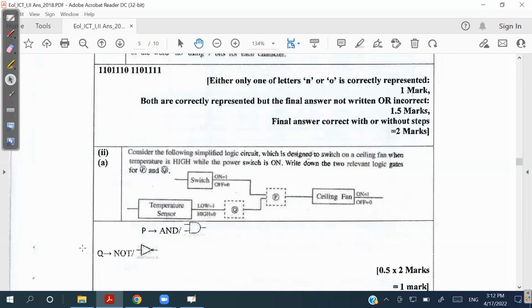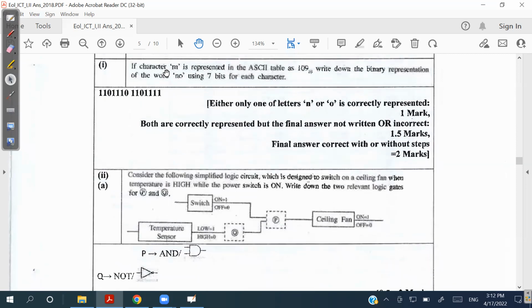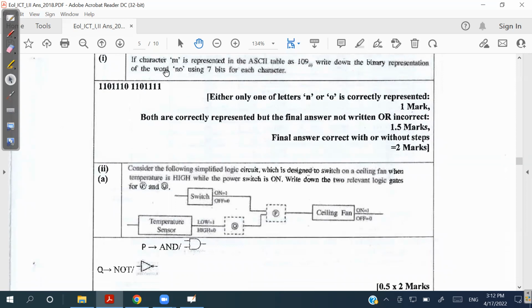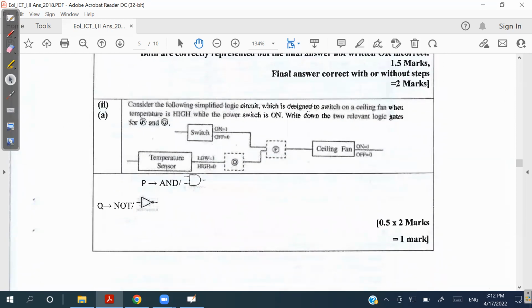So it's the same answer that we got. It's 110, 1110. So 110, 111, and 1. So 2 marks is there for the first part of the first question. So the second question.